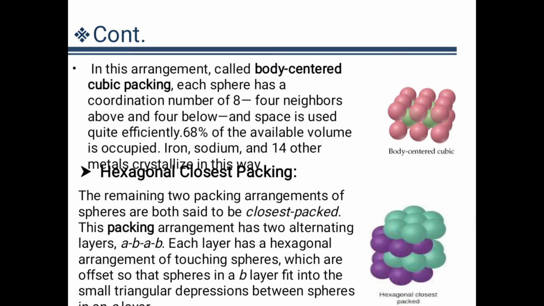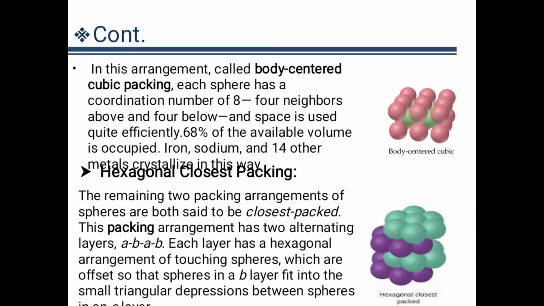Here is a slide showing the body center cubic structure, in which there is one atom in the center, 4 above and 4 below the center atom. The third one is hexagonal closest packing. The remaining two packing arrangements of spheres are both said to be closest packed.